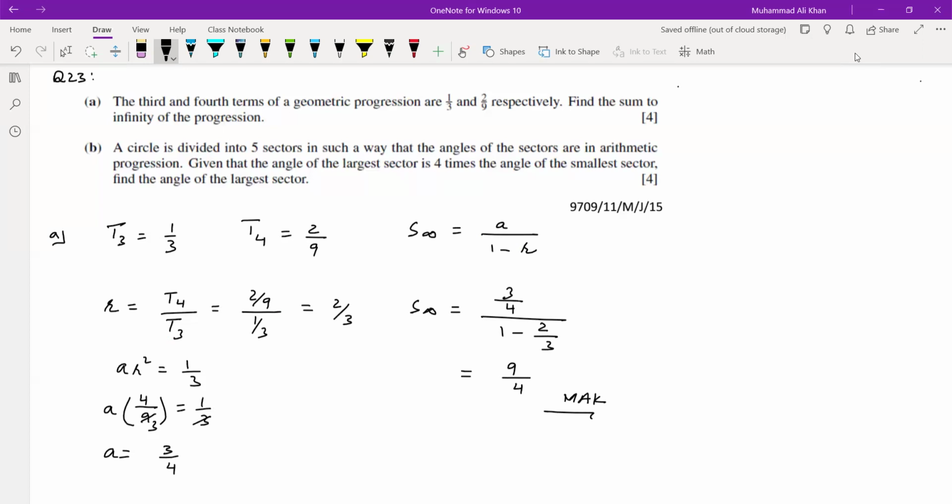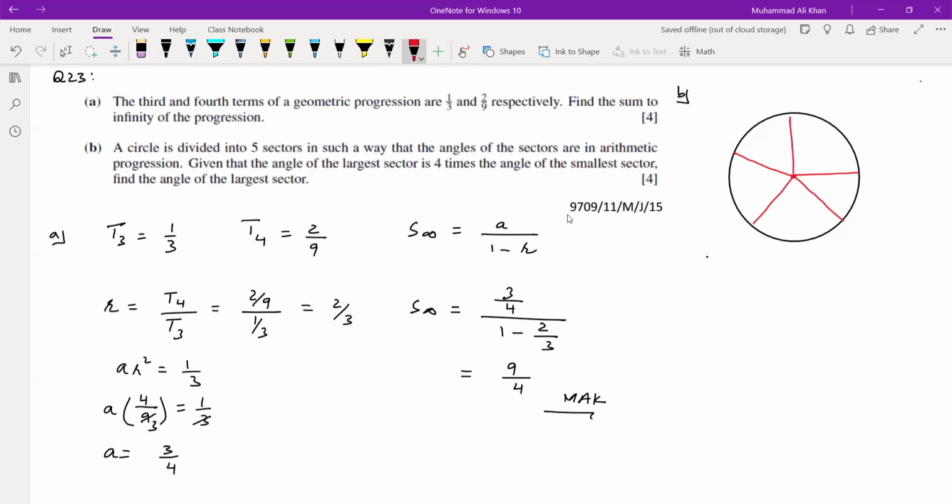Now, the second part is about a circle. A circle is divided into 5 sectors. Let's say here is the first sector, second, third, fourth, and the fifth sector, right?